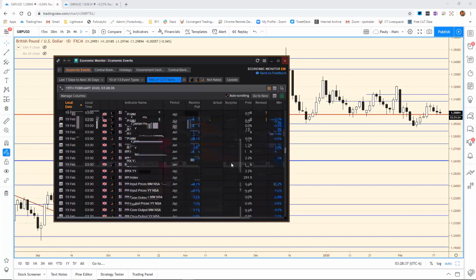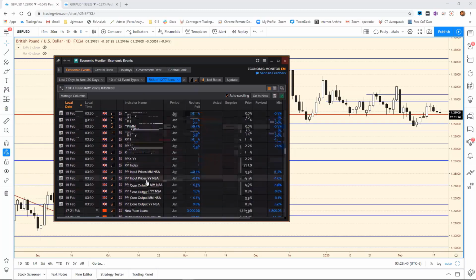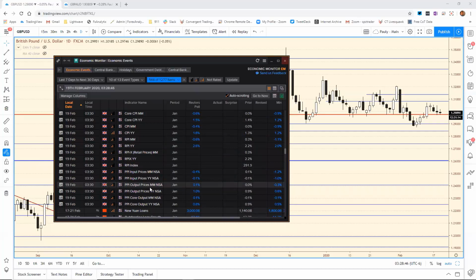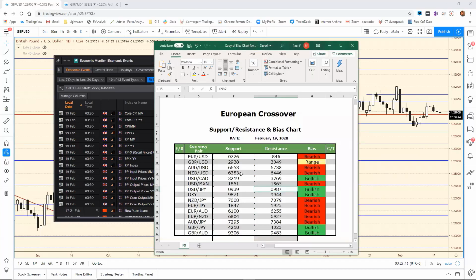And you can see here truly a swath of data between the CPI and PPI and sub-indexes of those. Core CPI, they're looking for a negative 0.6. And PPI for negative 0.4. Now, for today, of course, we're at the pivot, but we're looking for support at 29.38, and on the upside, it'd be 30.49.